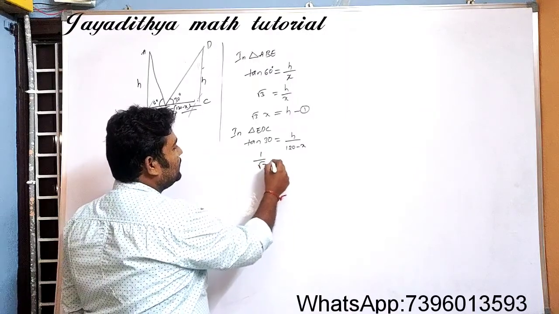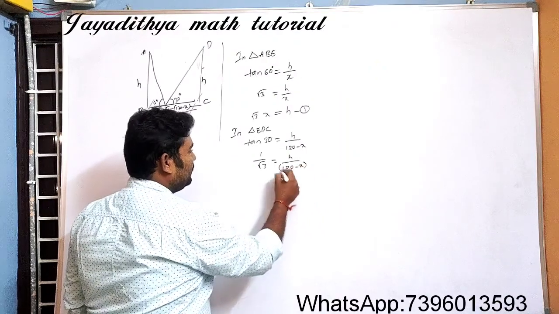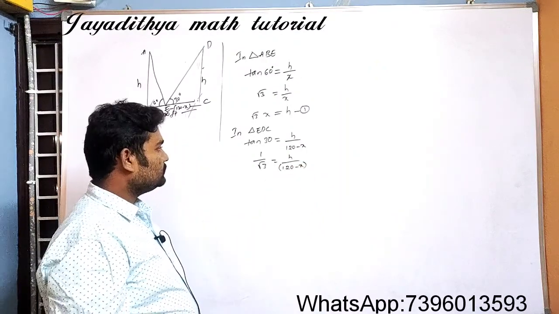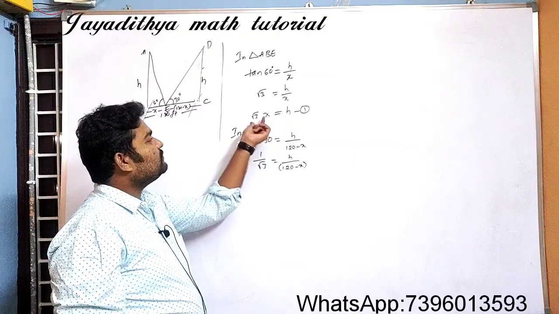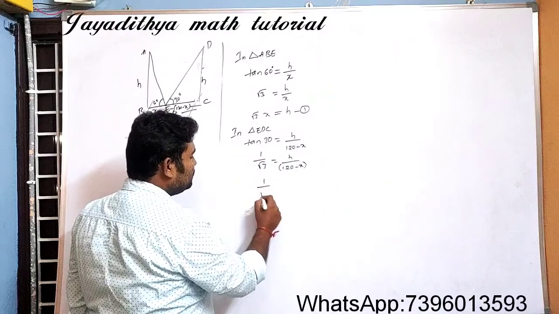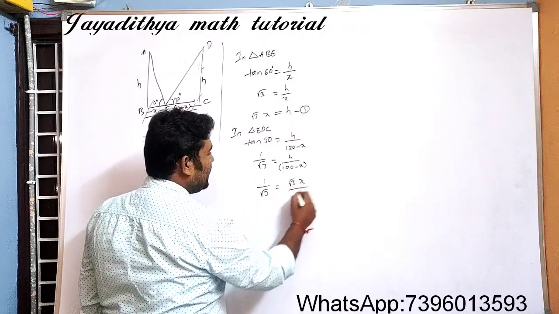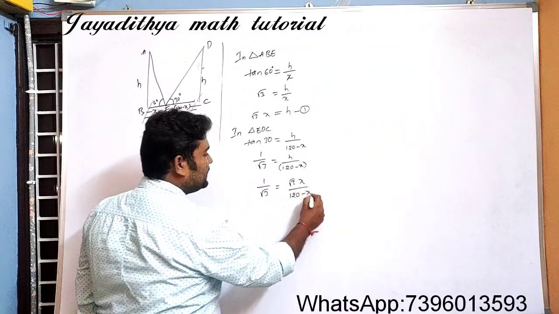That is 1 by root 3, equal to h by 120 minus x. Already we have h equal to root 3 x. Substitute directly here. So 1 by root 3 is equal to root 3 x by 120 minus x.